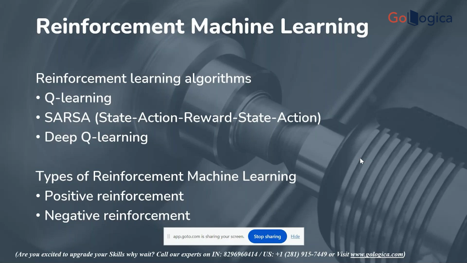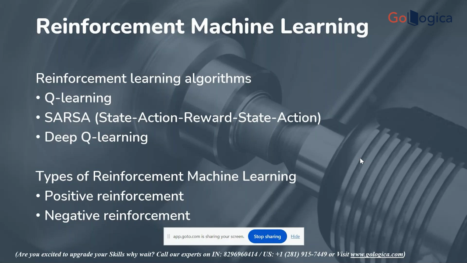Here are some of the most common reinforcement learning methods. Q learning. Q learning is a model-free RL algorithm that learns a Q function which maps states to actions. The Q function estimates the expected reward of taking a particular action in a given state. SARSA, state action reward state action.